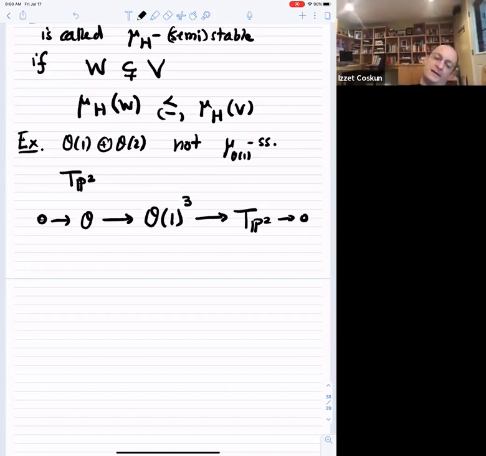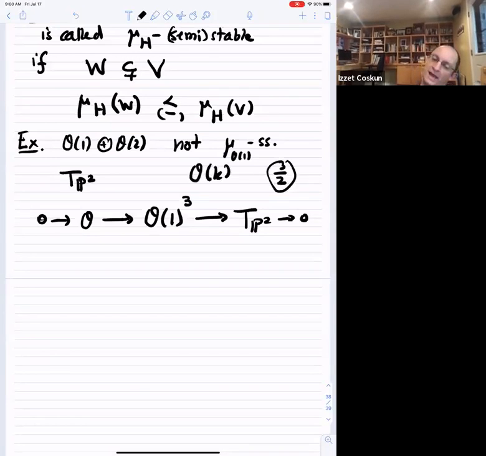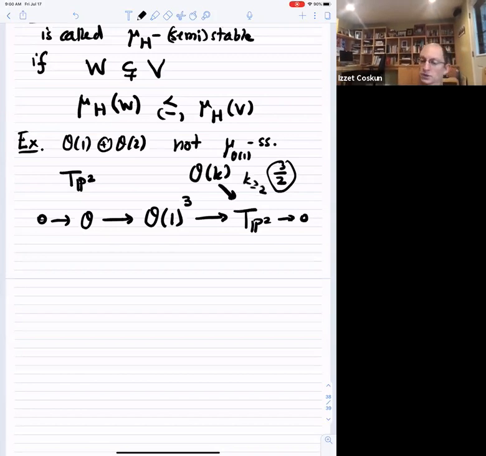So if you have a line sub-bundle of this, the slope of this thing is 3/2. A line bundle has integer slope, so if it's going to be bigger than this, then O of K has to map to this, with K bigger than or equal to 2. But you see that doesn't happen, right? So the question is, is Hom of O of K to TP2 non-zero for K bigger than or equal to 2?